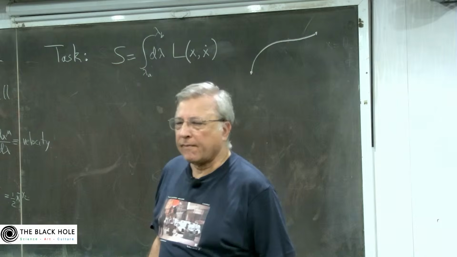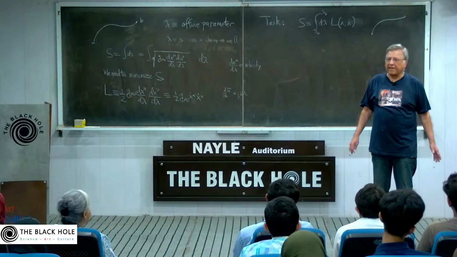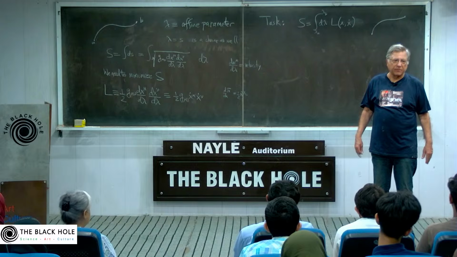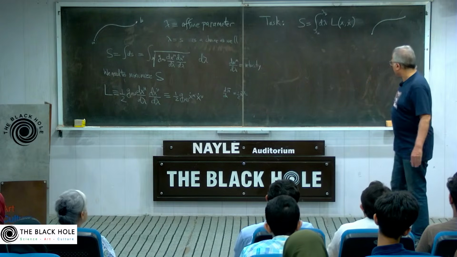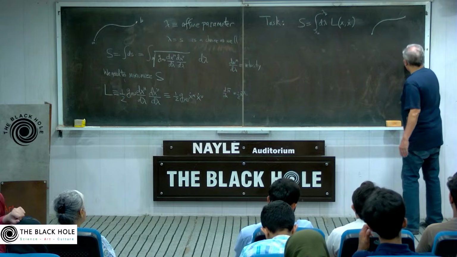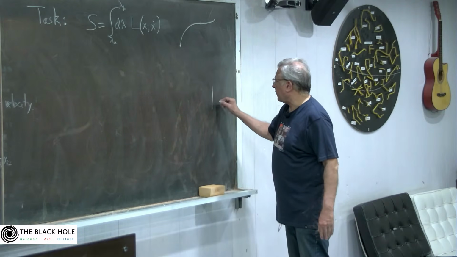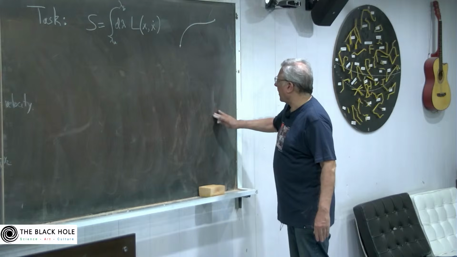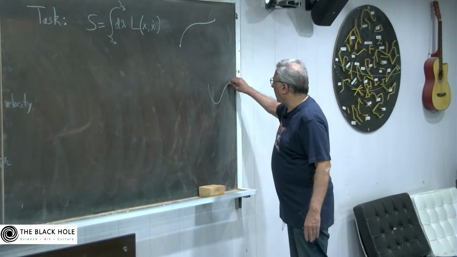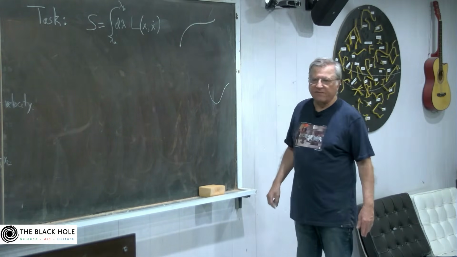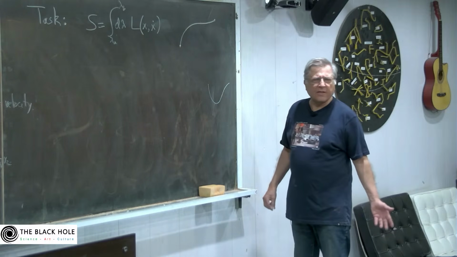Well, I am reminded by the question in calculus, how do you find the minimum of a function? Remember that when you learned calculus, you were given a function and you were asked to find its minimum.